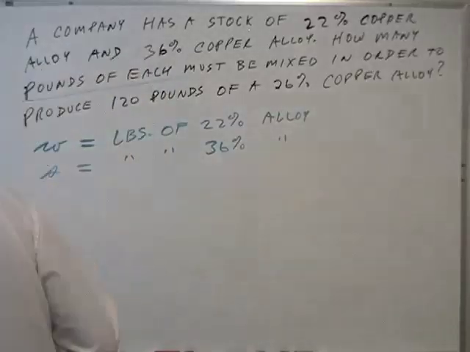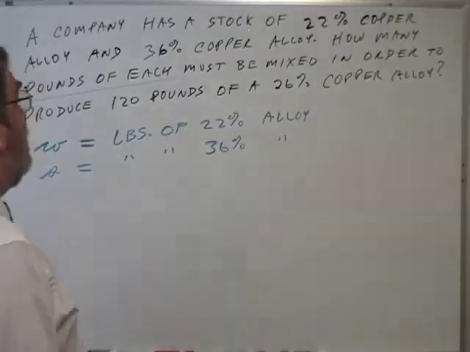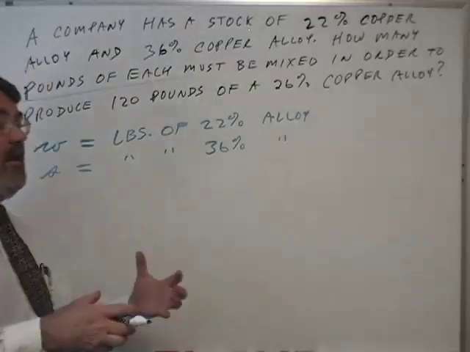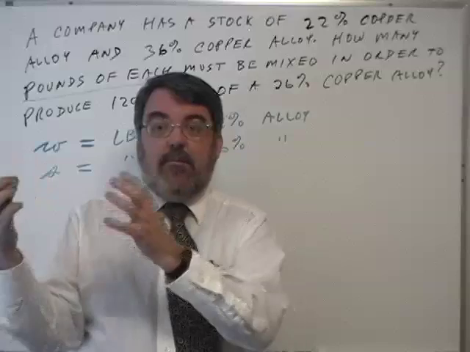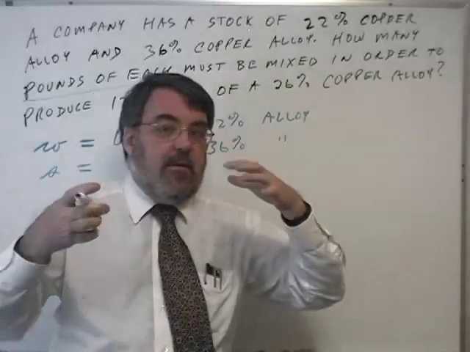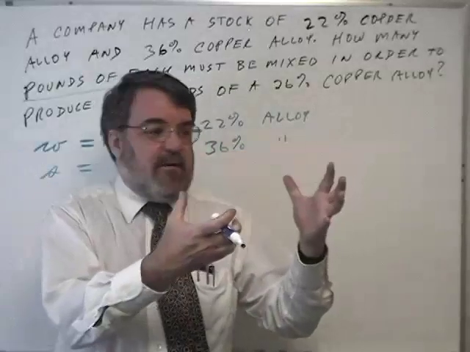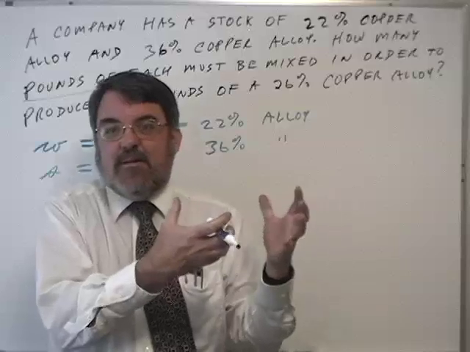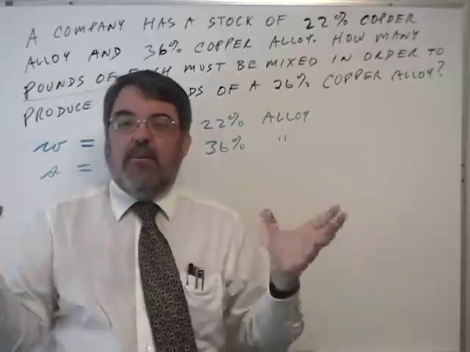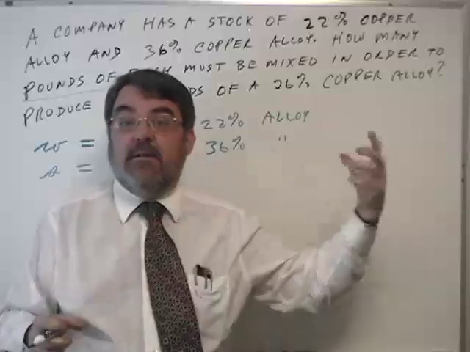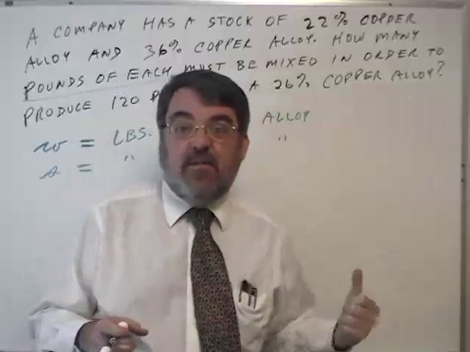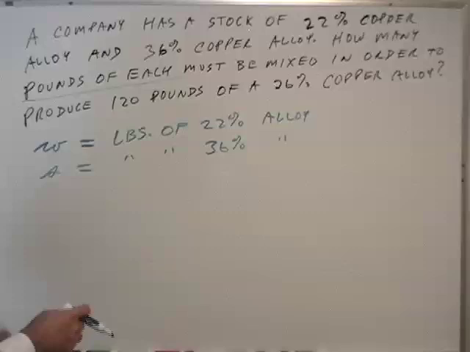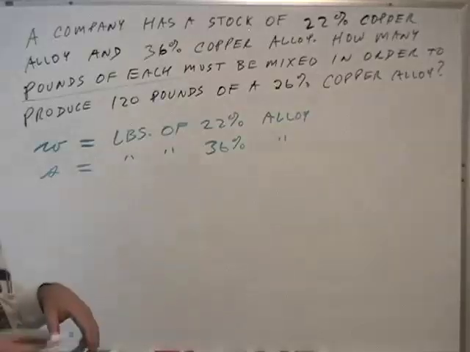All right, so let's see here. We're going to mix these quantities together. Imagine that I have one pile of this weak alloy. I'm going to melt it down and add it to this other pile of alloy, which is melted down. This gets mixed together, so I'm adding these quantities together to get this new quantity, the 26% alloy. But I need 120 pounds.